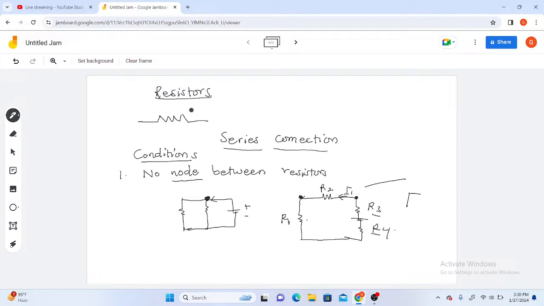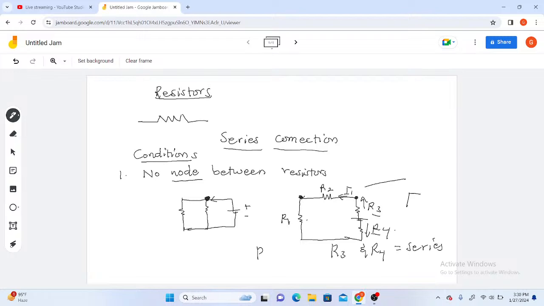Now let's consider resistor 3 and resistor 4. These two resistors here, we can clearly see that when current is flowing, there wouldn't be any node here. Though this is a power source, yes, current will flow, that is the positive will flow this side and the negative will flow this side. So the current flowing through it is of equal magnitude. Hence, R3 and R4 are in series.